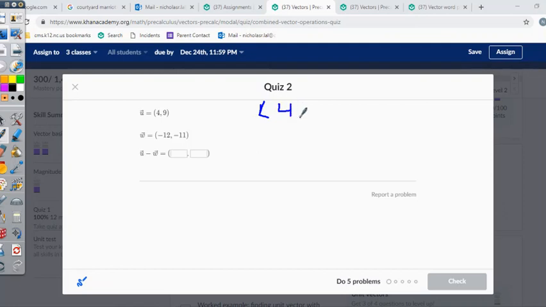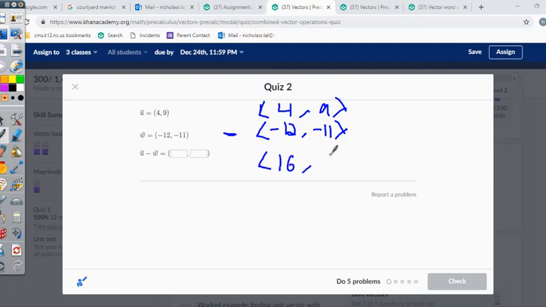right, components of 4 and 9 minus -12 and -11. 4 minus -12 is going to be 4 plus 12, which is 16.